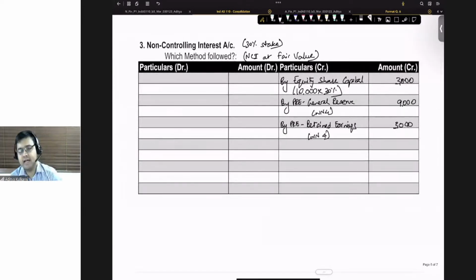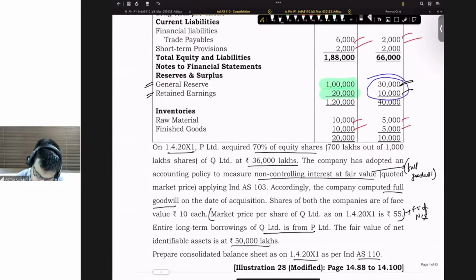NCI is measured at fair value on the date of acquisition. We are on the date of acquisition. So therefore, NCI's fair value, let us calculate. To balance carried down. How many shares are there? 1000 lakhs are there. So 1000 lakhs means 300 lakhs will belong to the NCI. 700 lakhs was taken.